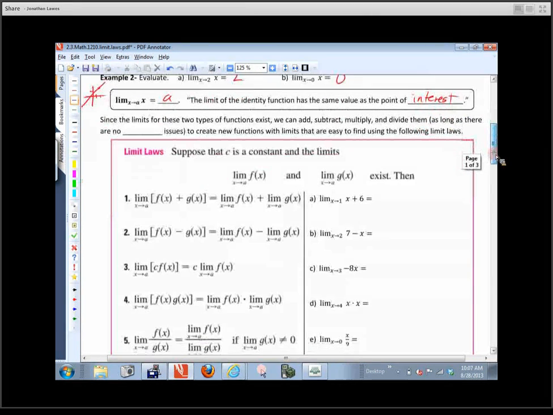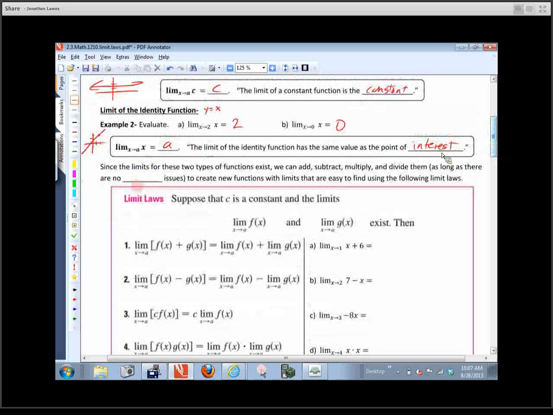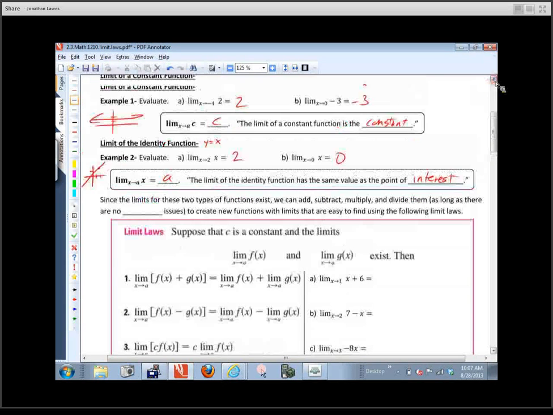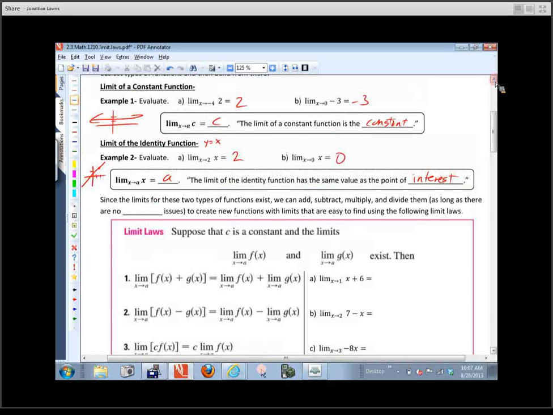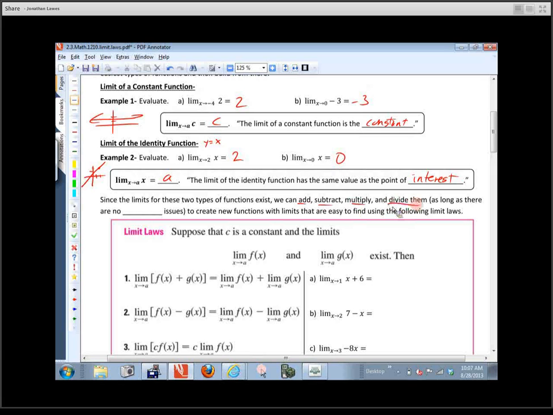Since the limits of these two types of functions exist, since we get a nice real number for those, we can do a bunch of arithmetic on them. We can add them, subtract them, multiply them, and divide them. You have to be a little careful with dividing, because you'll remember last week we said if you have division in a problem, you've introduced a domain issue.